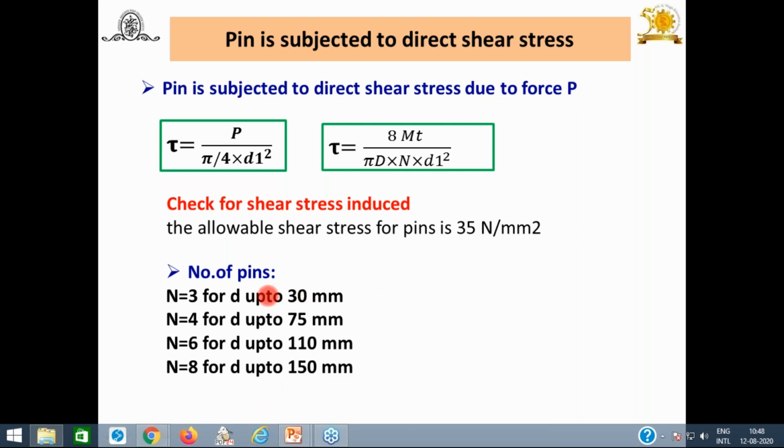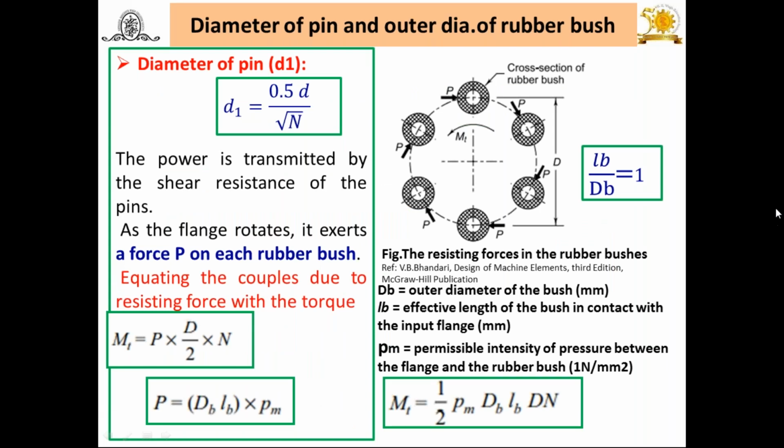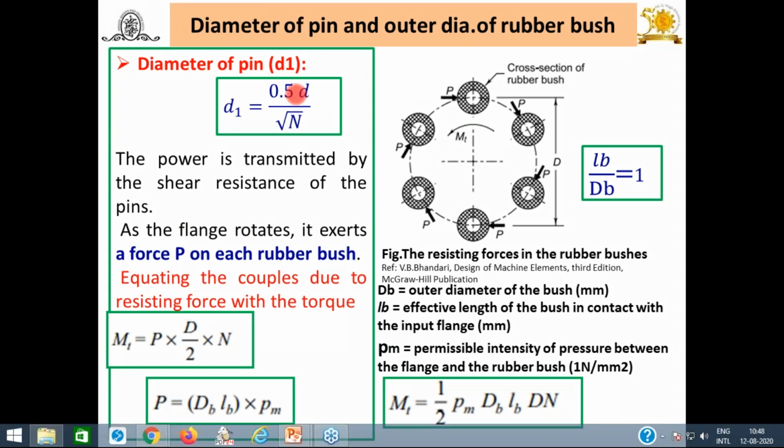By using shaft diameter, you can select the number of pins. Once you know the number of pins and shaft diameter, you can easily find out the diameter of the pin here.